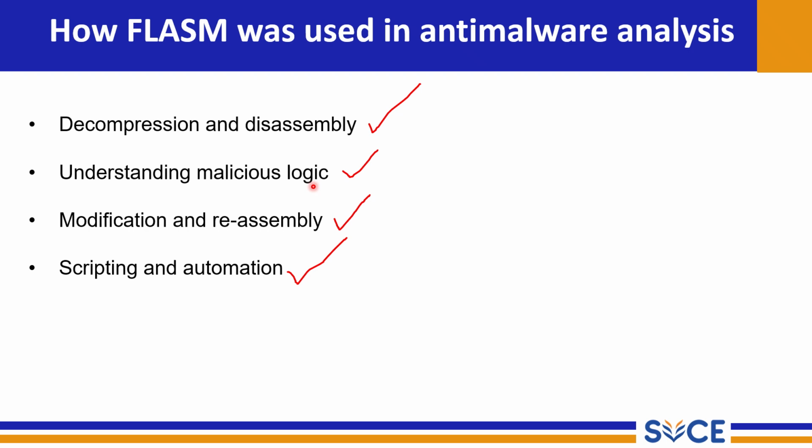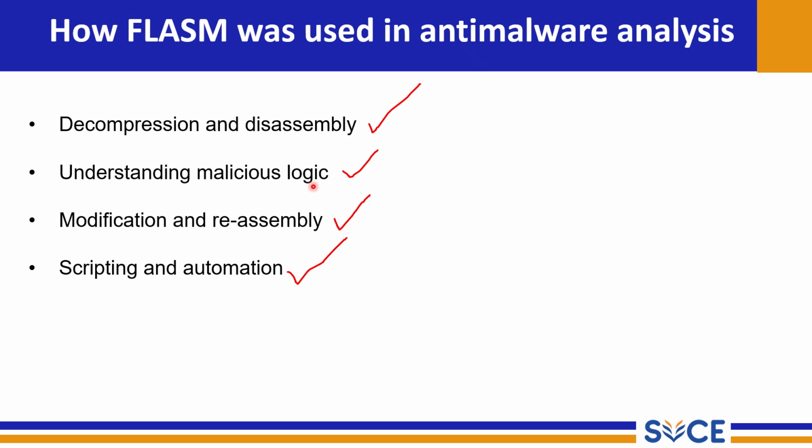Second, disarming the malware, removing the malicious code completely to create a benign version of the SWF for further research. And last, scripting and automation: FlashM could be used in scripts to automate the analysis of large numbers of SWF files, extracting ActionScript code and searching for specific malicious patterns.